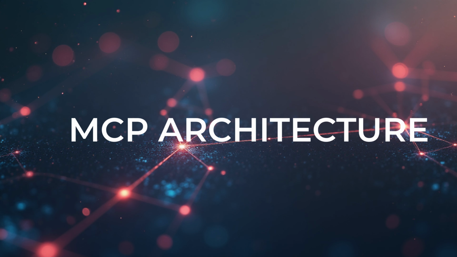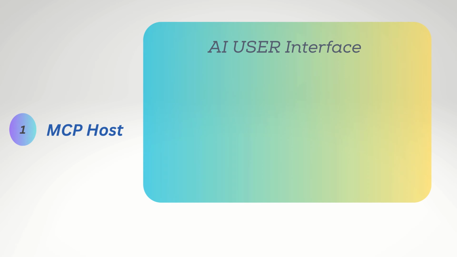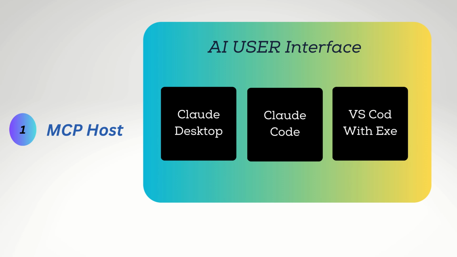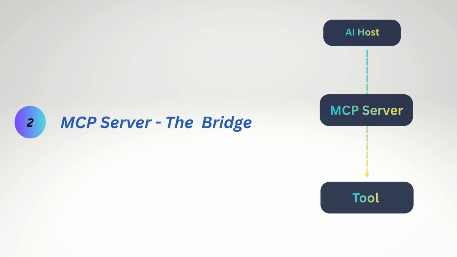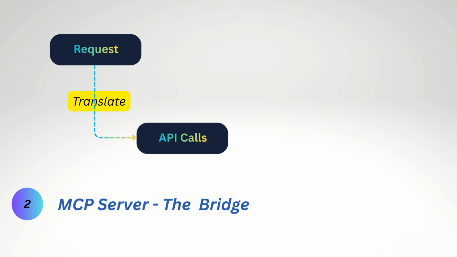Okay, let's have a look at how MCP is structured. There are three main components. First is the MCP host. This is the AI application like Claude Desktop, Claude Code, or even VS Code with the right extension. The host is where you interact with AI. It is the user interface. Then comes the MCP server. It acts as a bridge between the AI and your tools. It receives requests from the host, translates them to API calls, and returns the results.